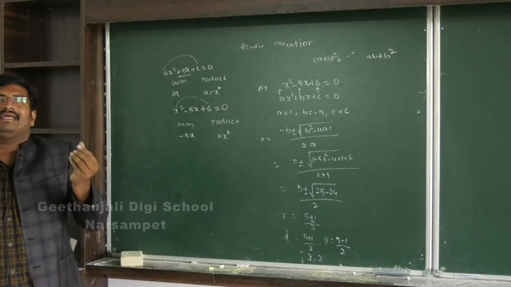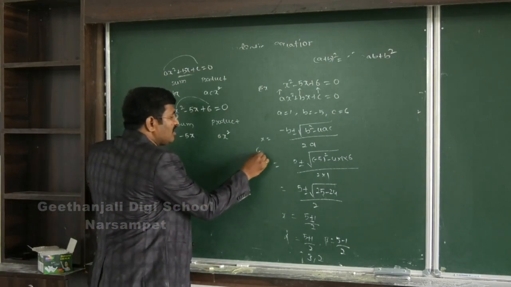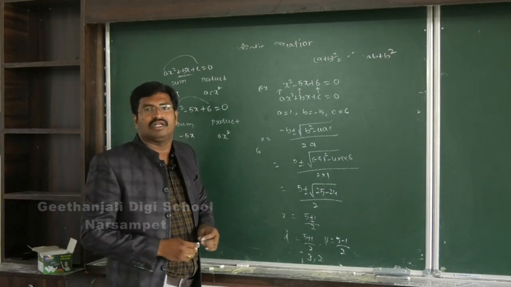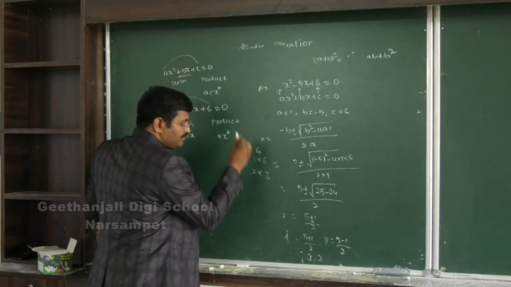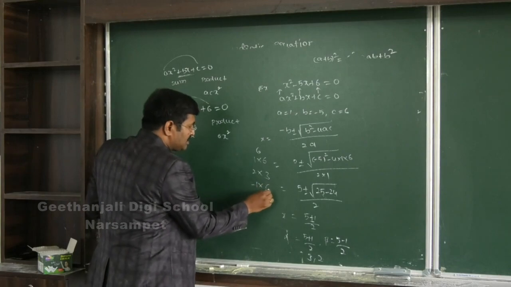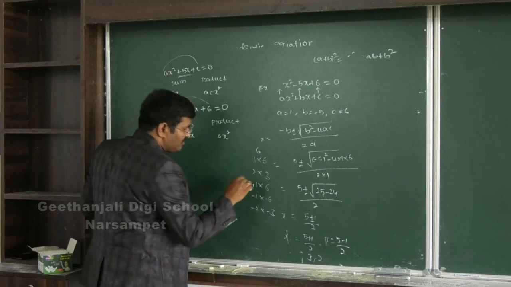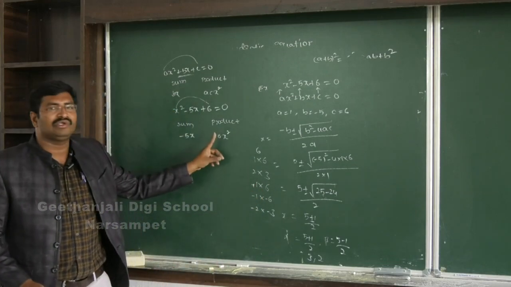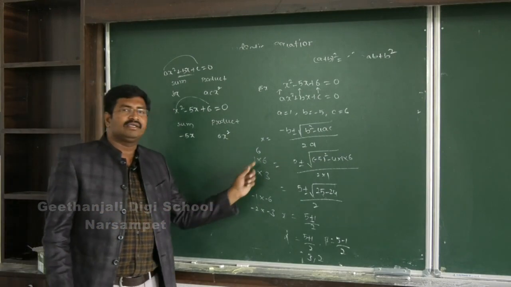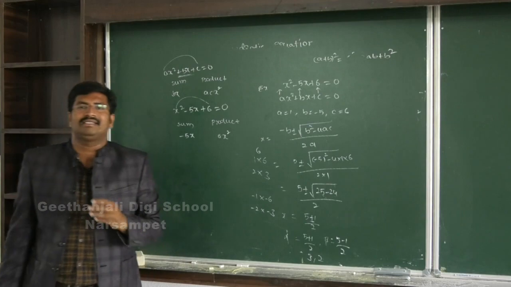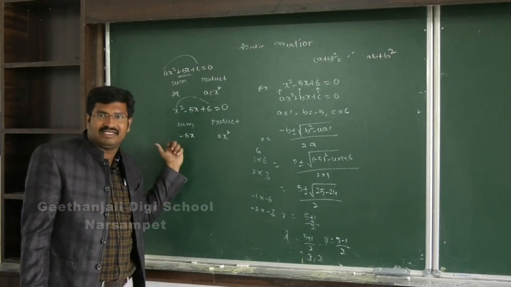An easy way to find them is to first express 6 as a product of two terms: 1 into 6, 2 into 3, minus 1 into minus 6, minus 2 into minus 3. We will not take minus 1 into 6, because it gives minus 6. Any one of the other cases should definitely satisfy.